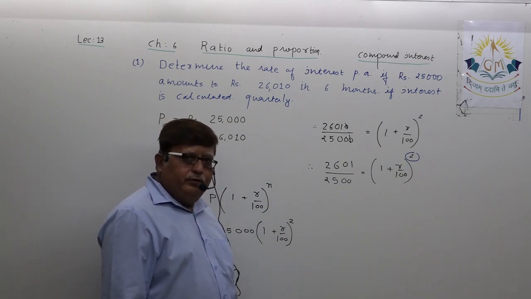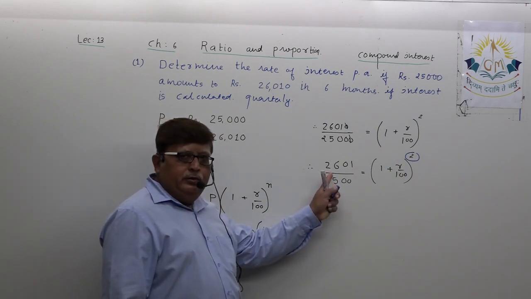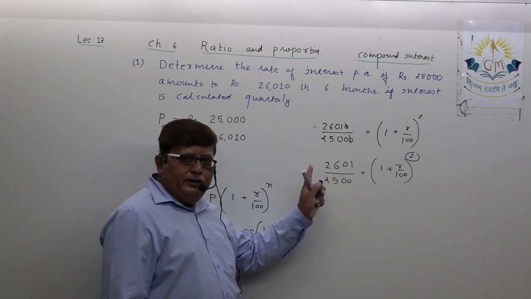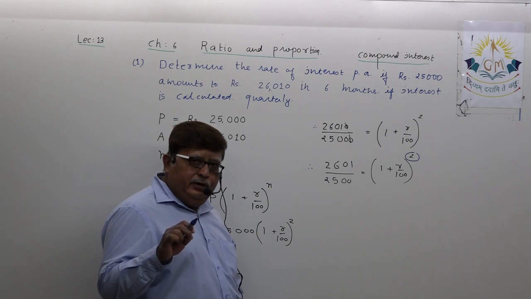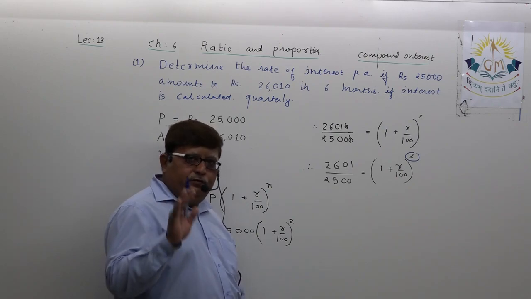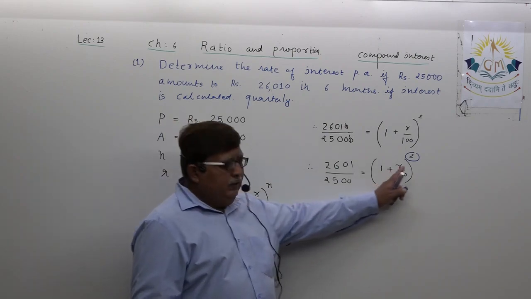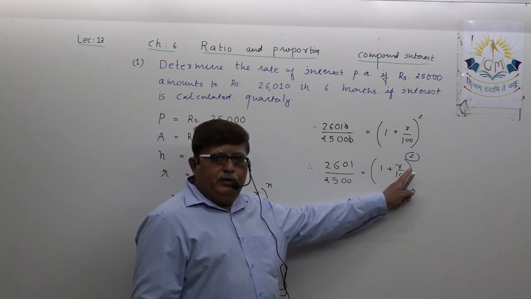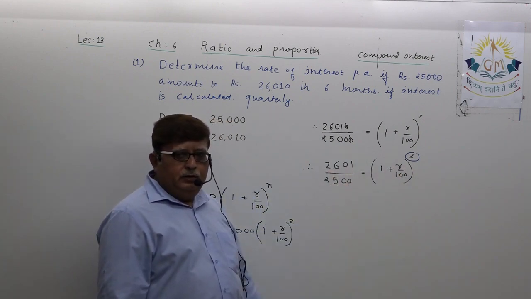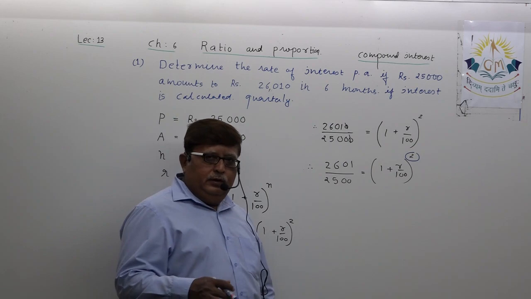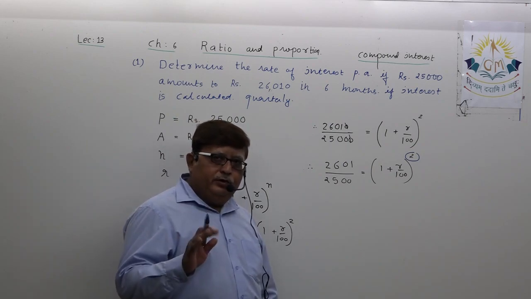So the numbers on the left side are necessarily squares of some numbers. This is fixed. If you get power 3, then the numbers on the left side are definitely cubes of some particular number.